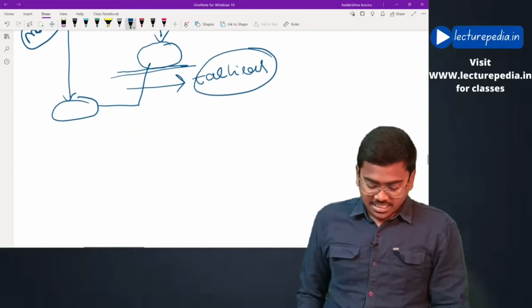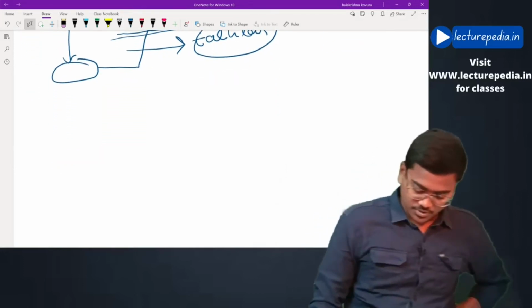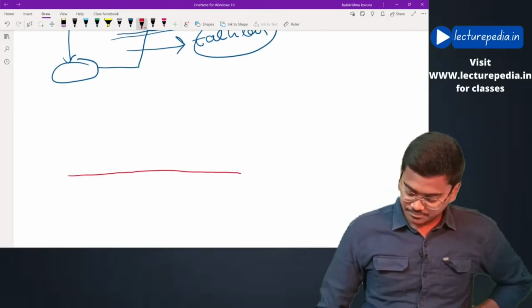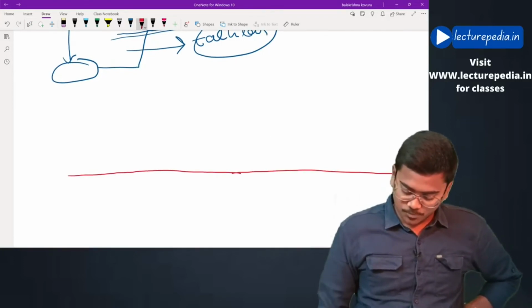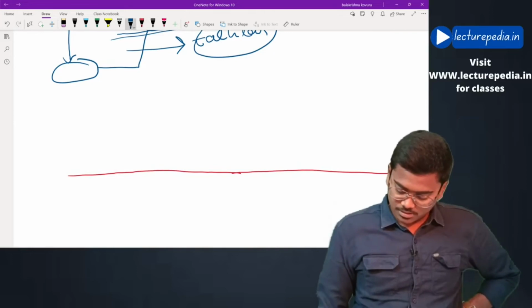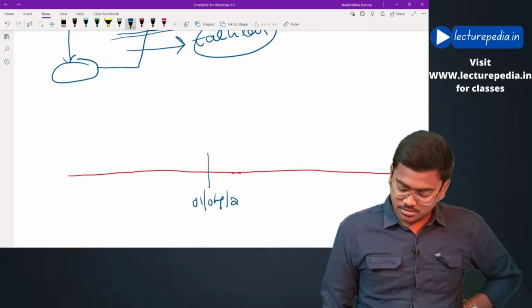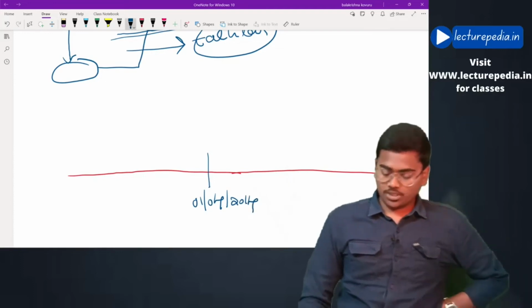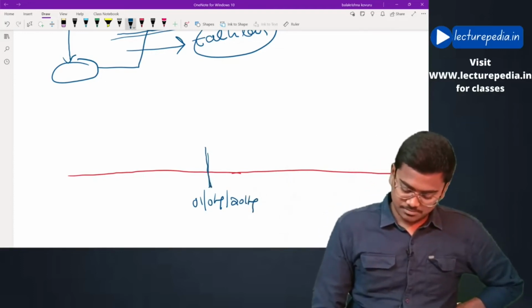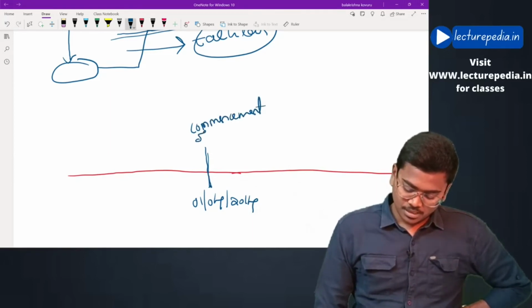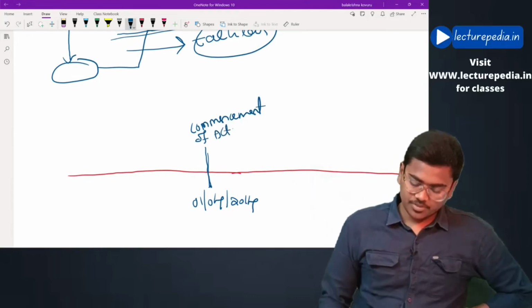Now the problem arises. Let me draw the timeline. This is 1st April 2014, the commencement of the Act.